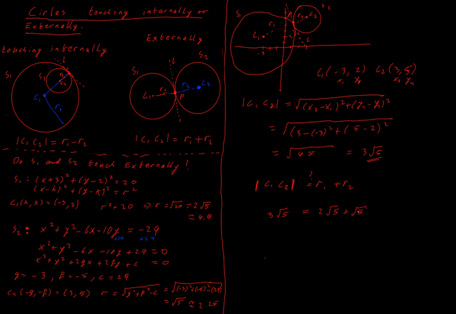This is a sum of surds. Because the two surds are the same, I'm able to add them together, so I end up with 2 root 5 plus root 5 is equal to 3 root 5, which is indeed true. Therefore, S1 and S2 touch externally. So that's what we need in terms of checking whether circles touch internally or externally.